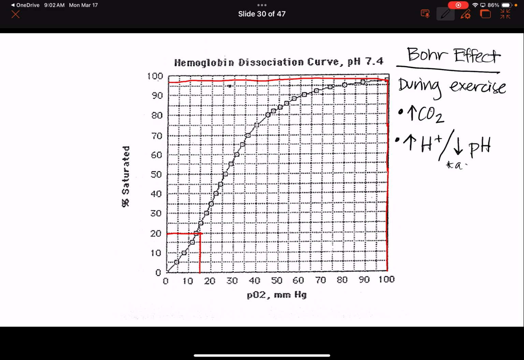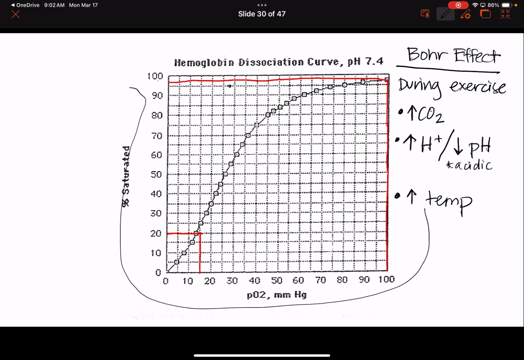Makes it more acidic. And then also, what happens to your temperature when you work out? Increases. So these three different factors: an increase in CO2, an increase in hydrogen ions or decrease in pH, and an increase in temperature.